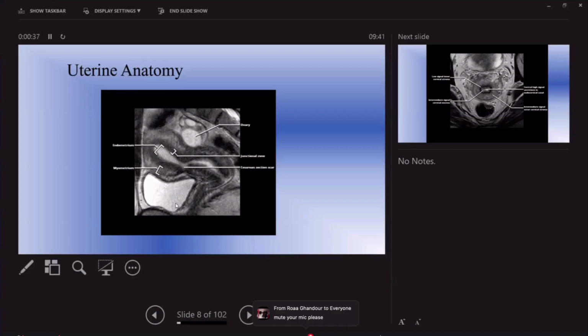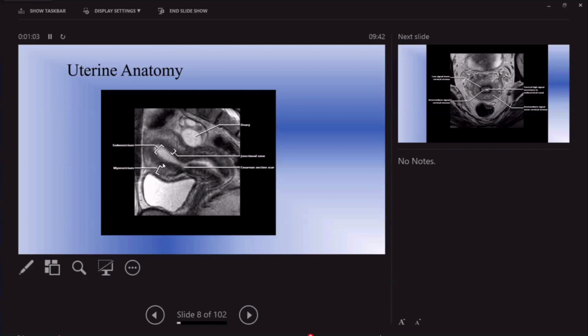I know that this is a mid-sagittal image. It's a T2 sequence because you see that the fluid in the urinary bladder is bright. Because the fluid in the urinary bladder is bright, you expect to see that the endometrium is bright. And this is very important to remember. The signal intensity of the endometrium on T2 sequence is very similar to the signal intensity of the urinary bladder.